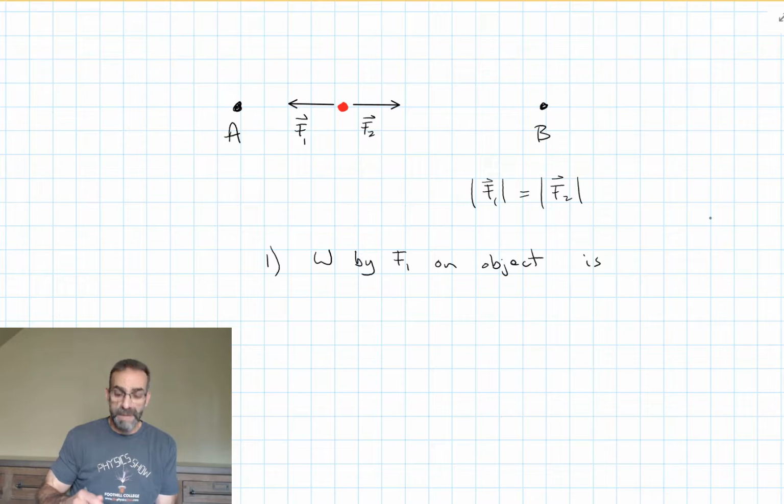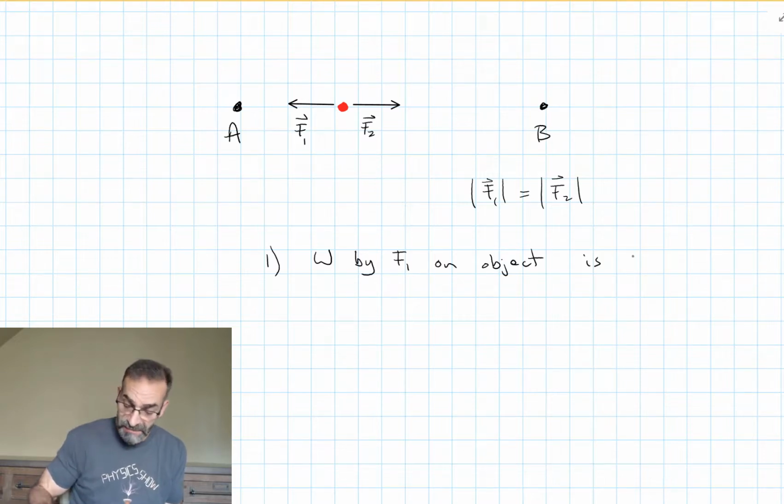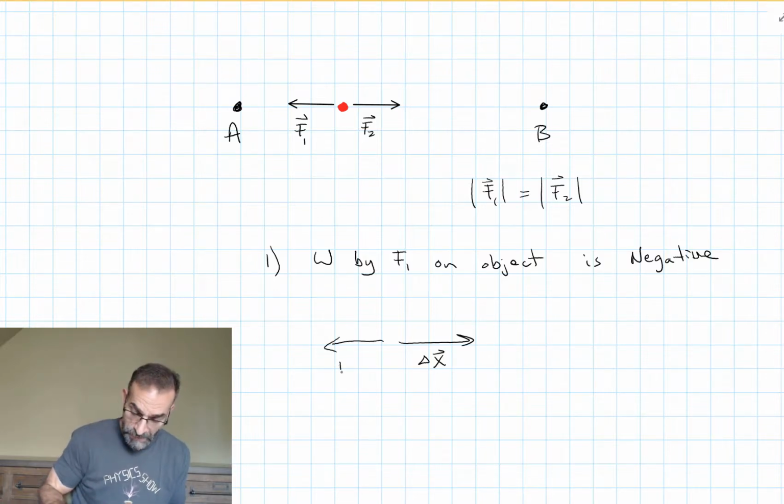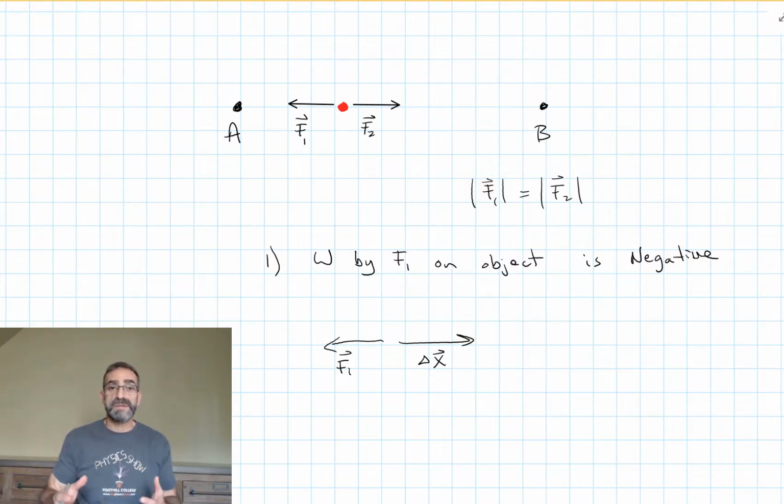The work done by F1 on our object is negative, because our object is moving from A to B. It's moving in this direction, has a displacement in that direction. Our force, F1, is opposite that. If F1 was the only force acting on our object, it would be slowing down because of F1.